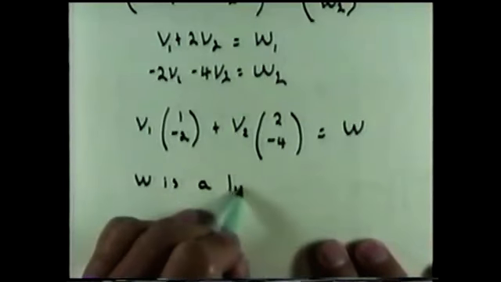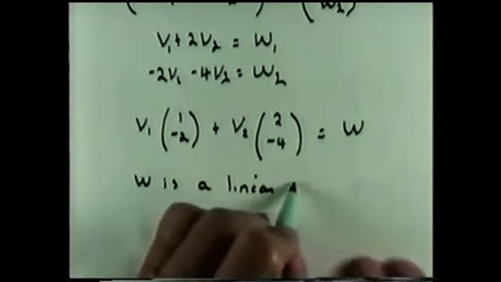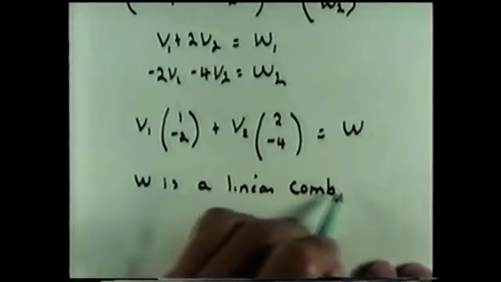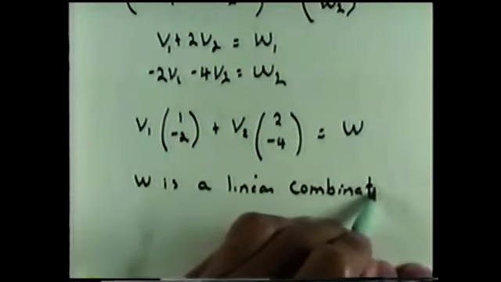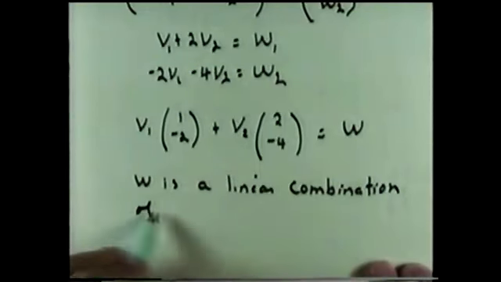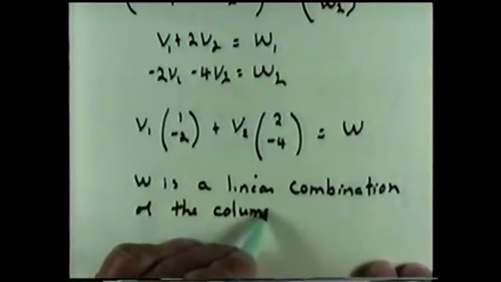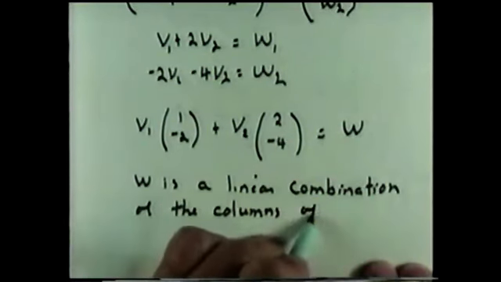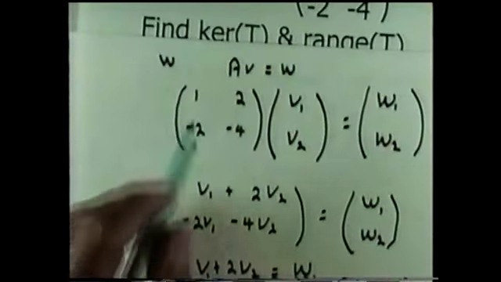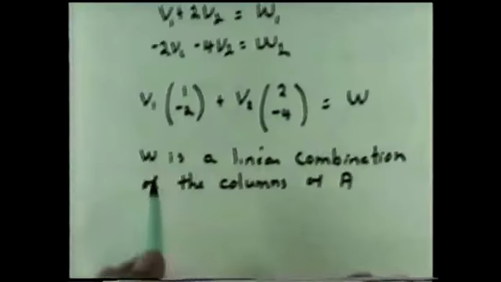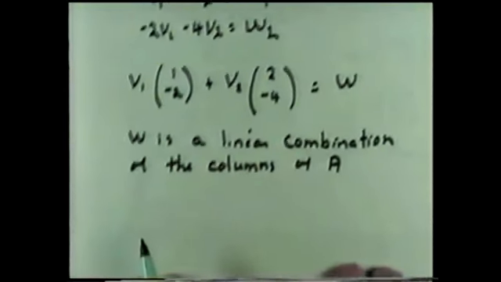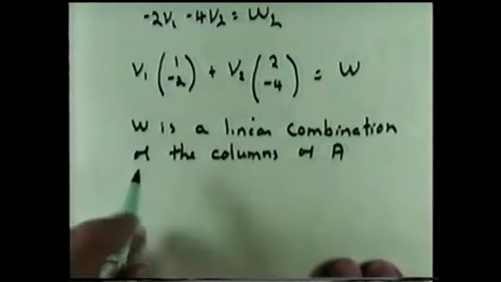Well, that shows us that w is a linear combination of the columns of A, because [1, -2] and [2, -4] are the columns of A. So w is a linear combination of the columns of A.